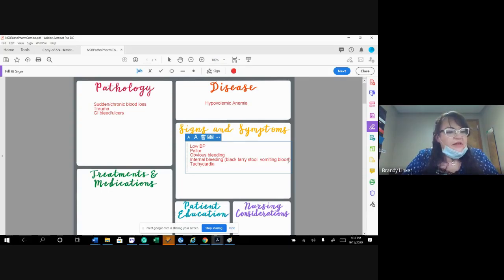And then you're going to have a history that's consistent with trauma, alcoholism, frequent ulcers, some sort of bleeding disorder, maybe irritable bowel disease like Crohn's or ulcerative colitis. Okay, those can also cause hypovolemic anemia. That's probably all I need you to know about that. It's pretty straightforward.